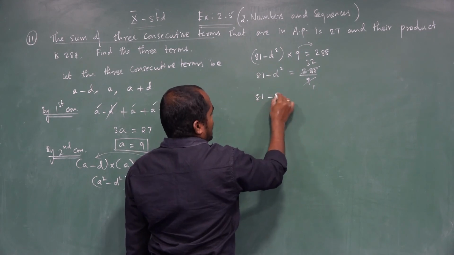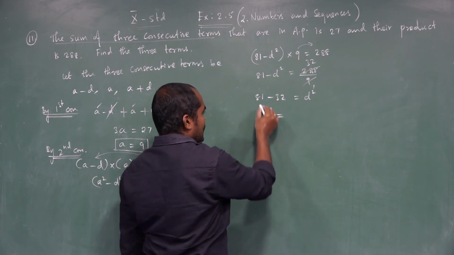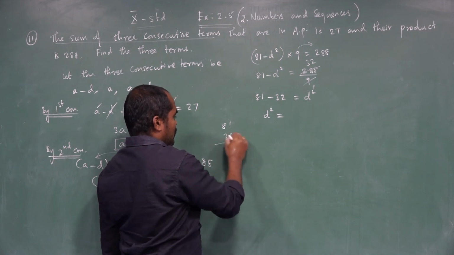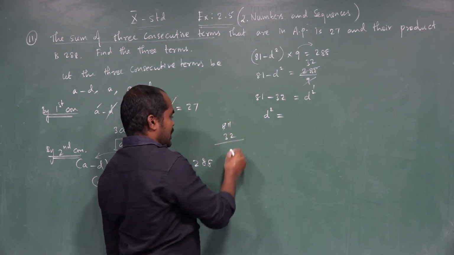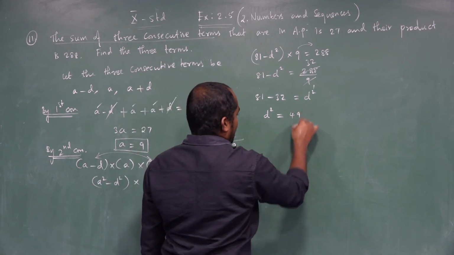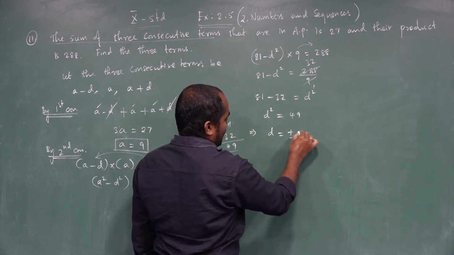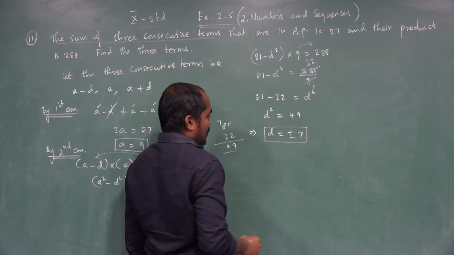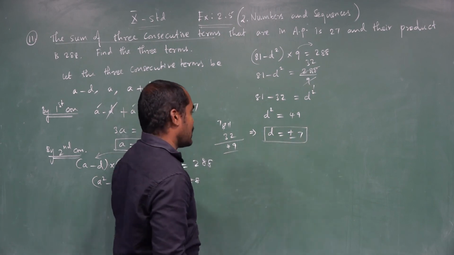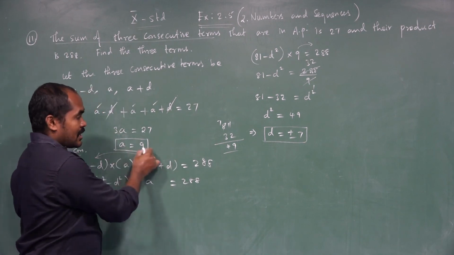So 81 minus 32 equals d square. 81 minus 32 is 49. Taking the square root on both sides, d value is plus or minus 7. Why am I writing plus or minus 7? Plus 7 square is 49, and minus 7 square is also 49. So d value is plus or minus 7 and a value is 9.